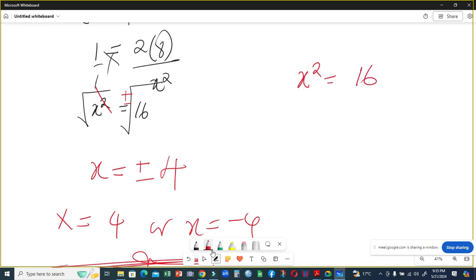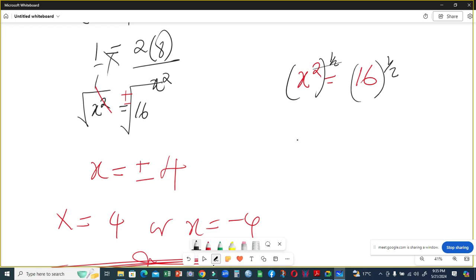We can introduce power half on both sides, and with power half, these 2 and these 2 will cancel each other.